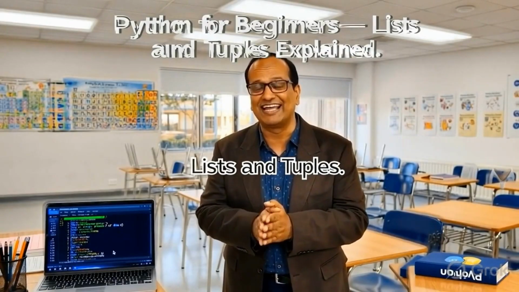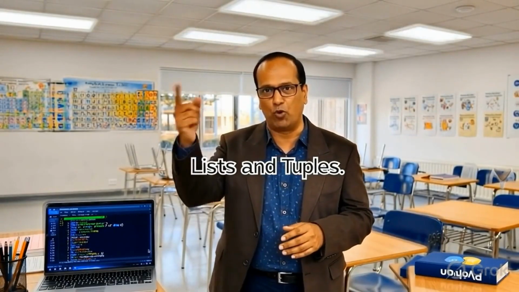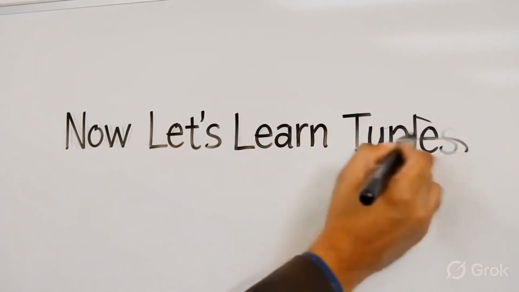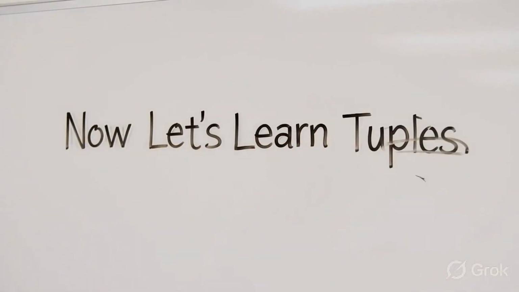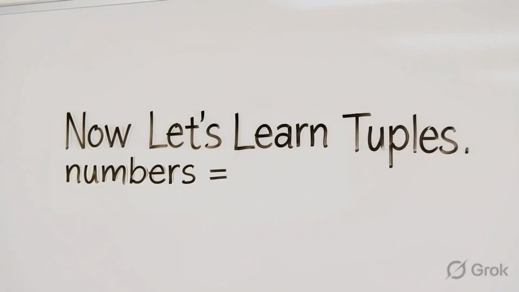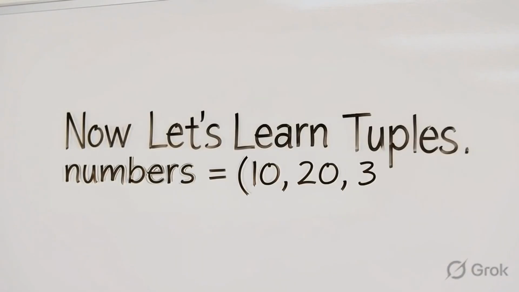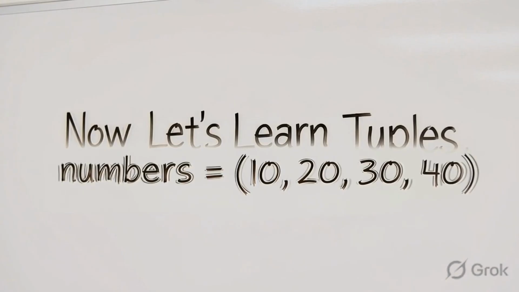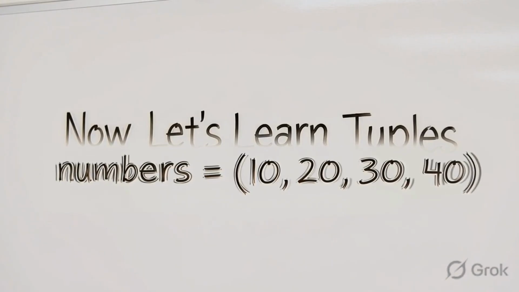Now let's look at another data structure called a tuple. Tuples are similar to lists, but they use round brackets instead of square brackets. A tuple stores multiple values just like a list.